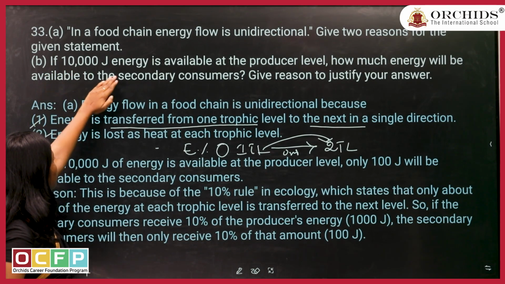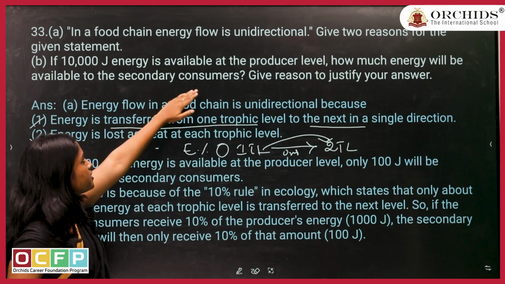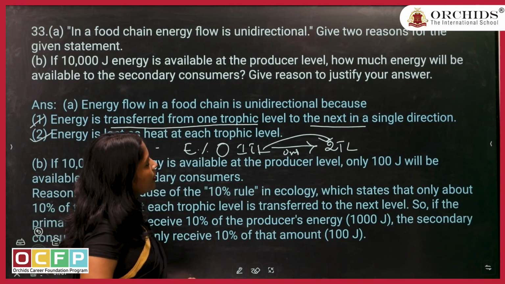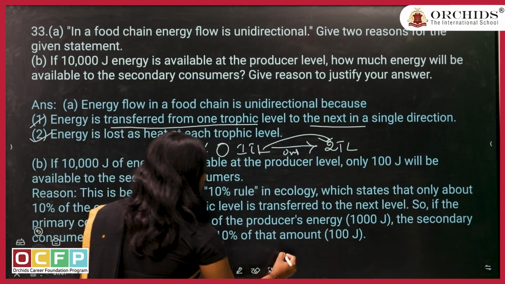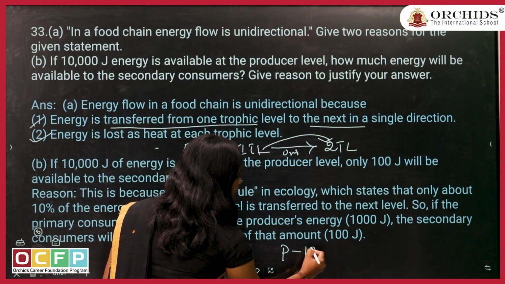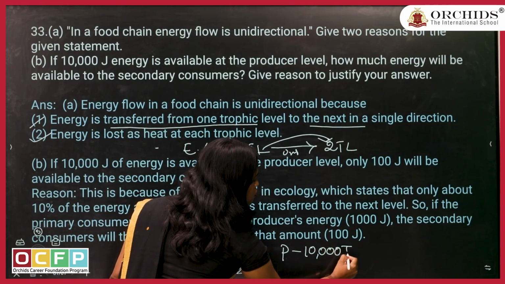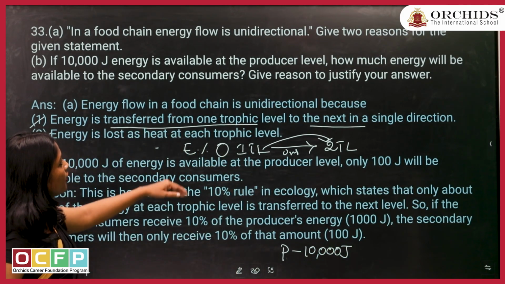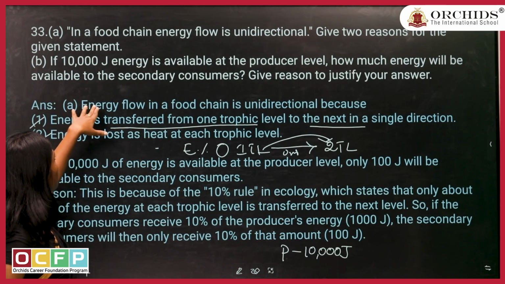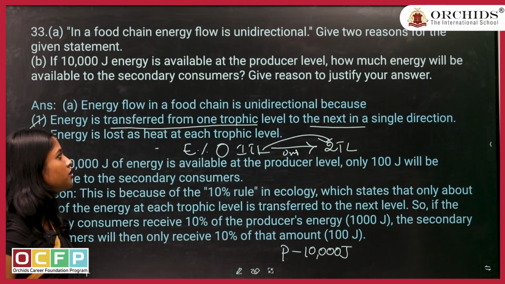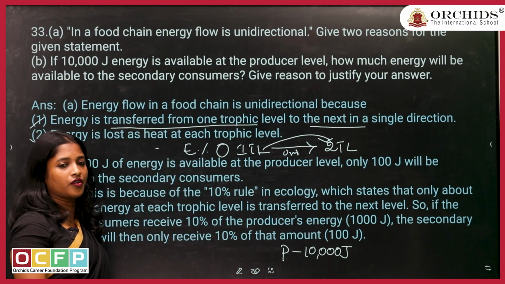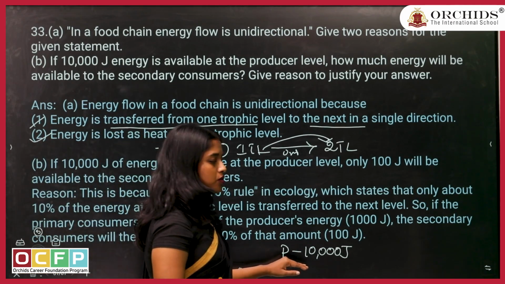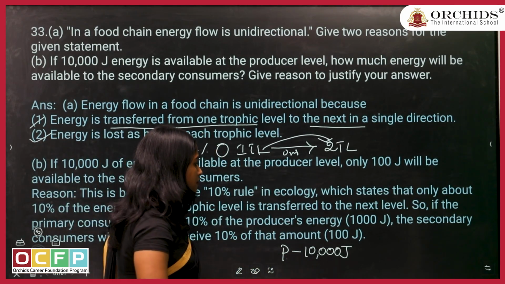Second question, if 10,000 joules of energy is available at the producer level. Imagine at the producer level they are given 10,000 joules of energy. Okay, how much energy will be available to the secondary consumers? Give reason to justify your answer. So in the producer level there is 10,000 joules of energy.